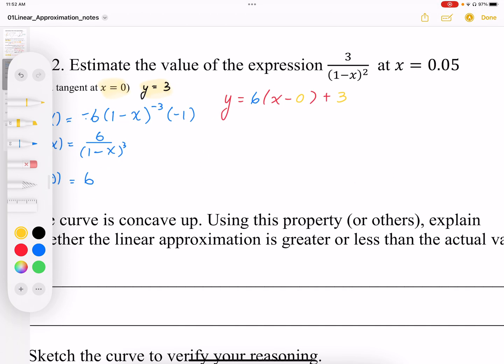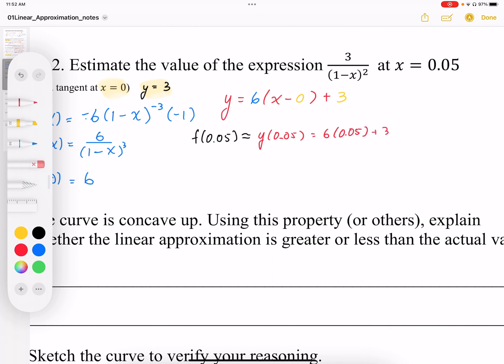And then for the approximation, what I want to do is say that f of 0.05 can be approximated by the y equation at 0.05. And when I plug that in, I get 6 times 0.05 plus 3.